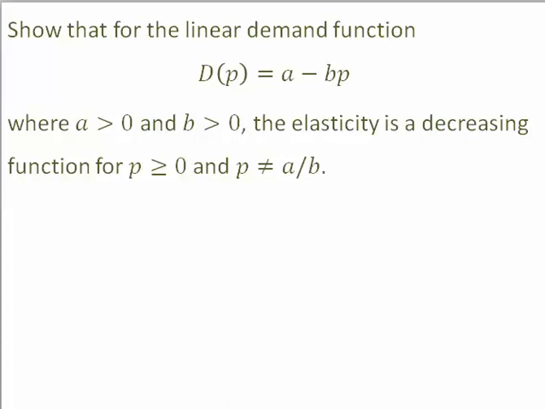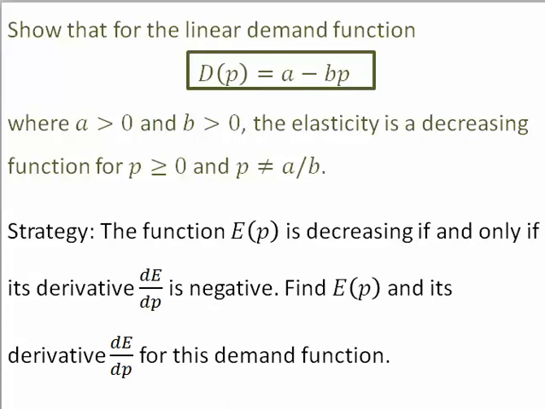What we are asked to do is to show that for this general linear demand function, the elasticity is a decreasing function. A function is decreasing if and only if its derivative is negative. So that's what we're going to do: look at the derivative of the elasticity function.